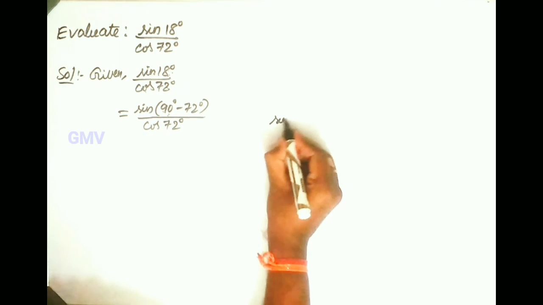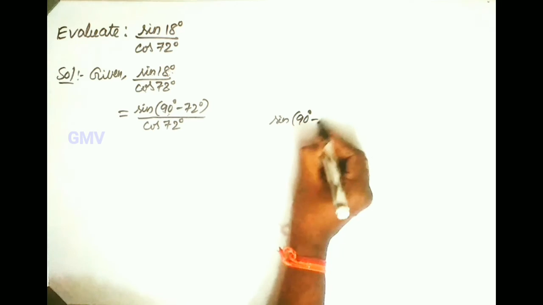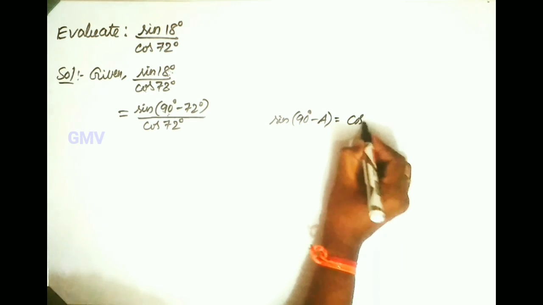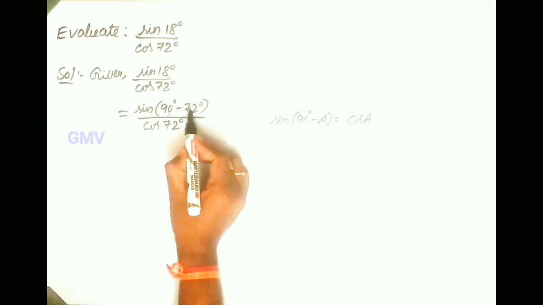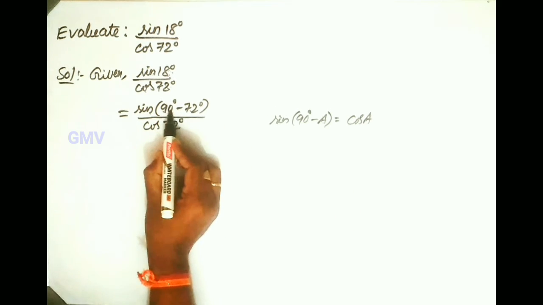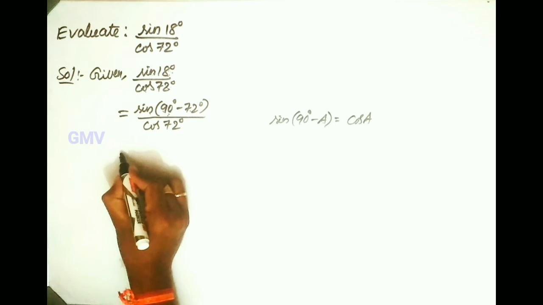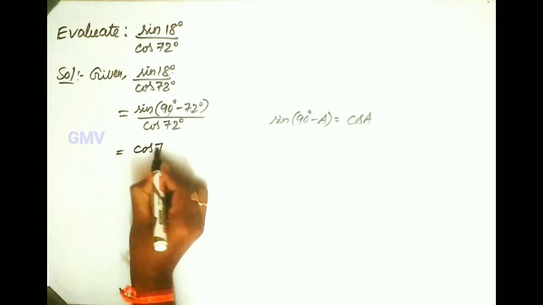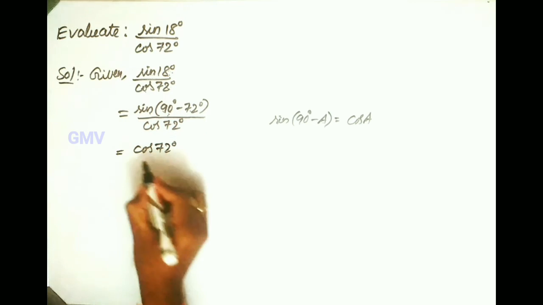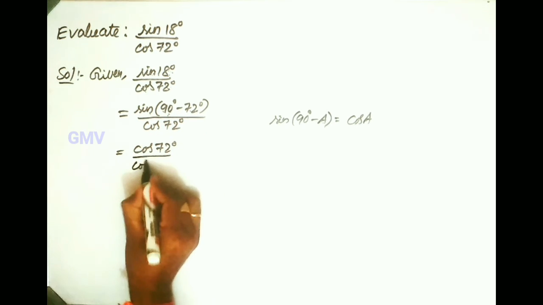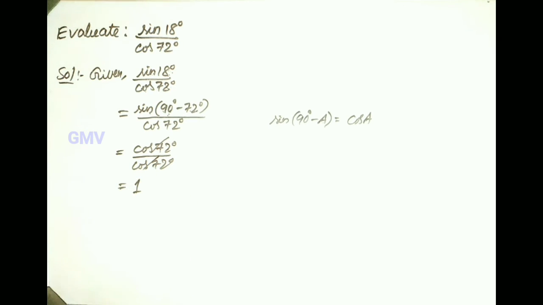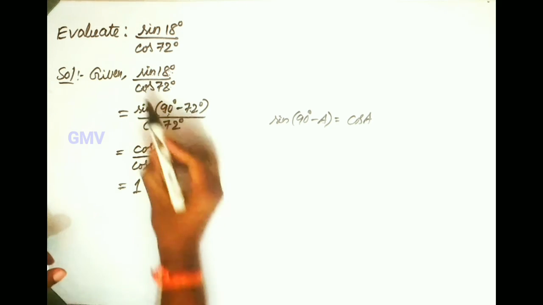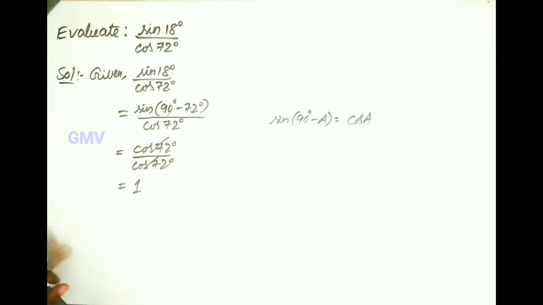We know that sin 90 degree minus A is equal to cos A. Here, instead of A, 72 degrees is present. So sin 90 degree minus 72 degree is nothing but cos 72 degree divided by cos 72 degree as it is. We can cancel out this one. We will get 1 as the answer. We can also solve this problem by changing cos into sin.